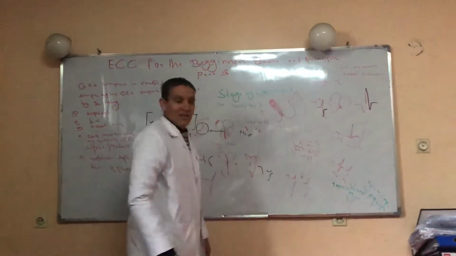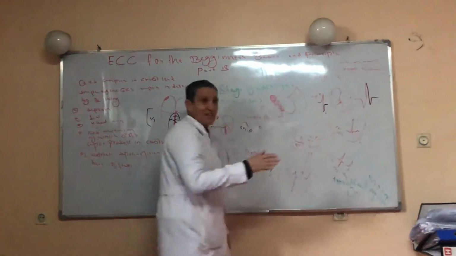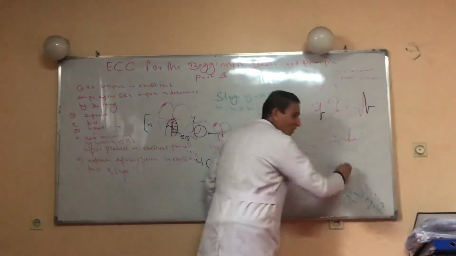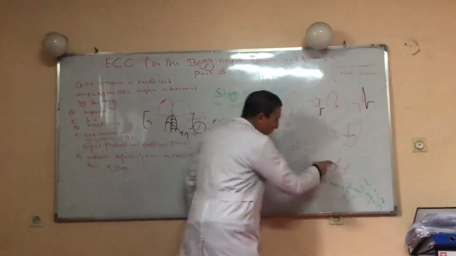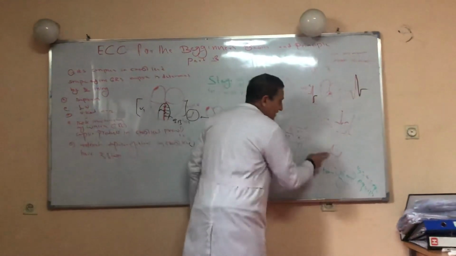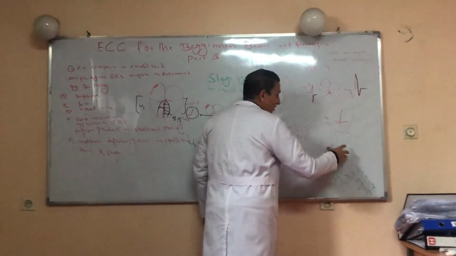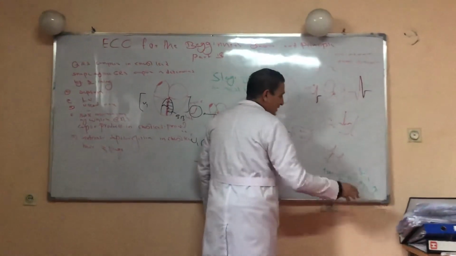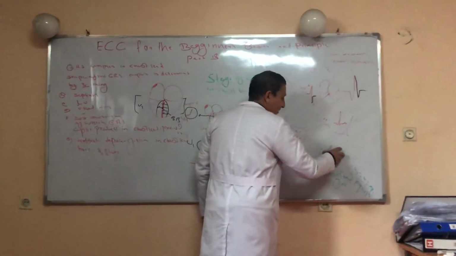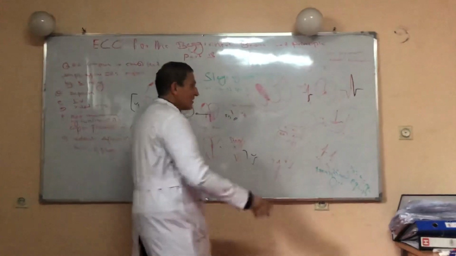Why is it equal? Because the electrical impulse moves downward and at a right angle. Or in simple words, first the electrical impulse moves toward the electrode and produces a positive deflection, and then goes away and produces a negative deflection. So these QRS complexes are called equipolar QRS complexes, and this point is called the transitional zone or transitional point.